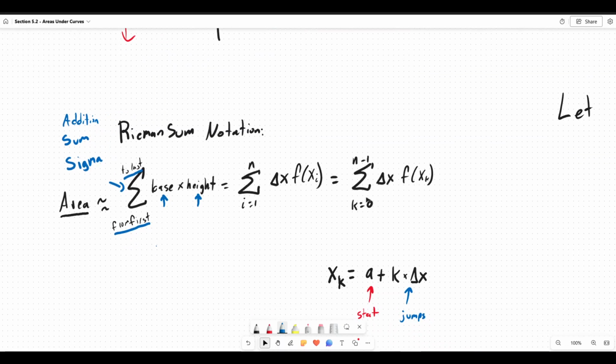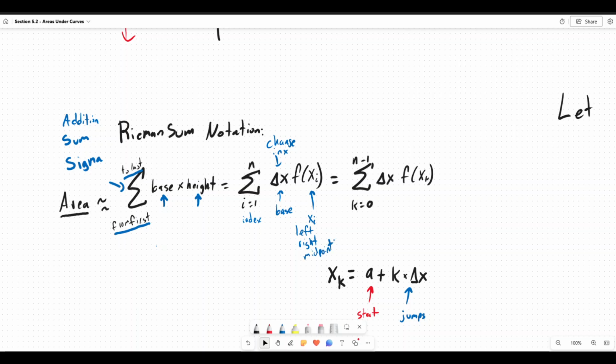Now, one way to do this is to start your index at 1 and go to n. And then your base is now just called delta x, change in x. And your height is the specific f of x sub i, where x sub i changes based on a left, a right hand, or a midpoint.